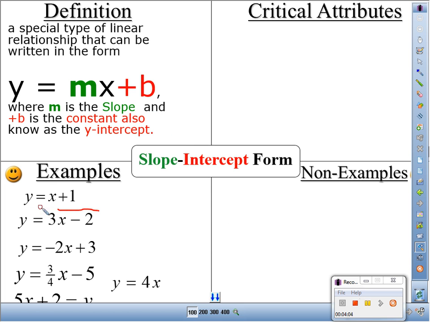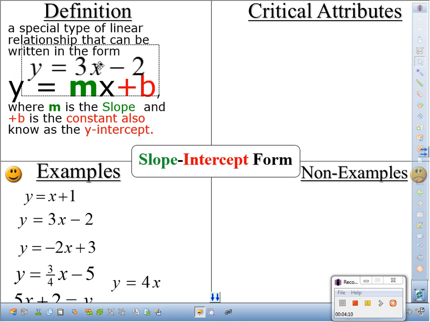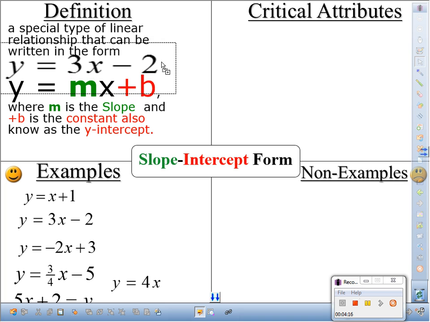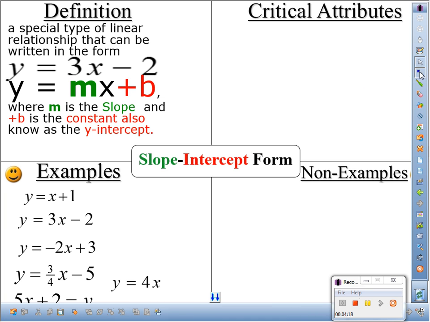Let's say I took this equation, and I'm going to overlay that here. Look up, please. So first of all, you need to look at what are the parts of the equation that stay the same. What do you guys notice are the same?